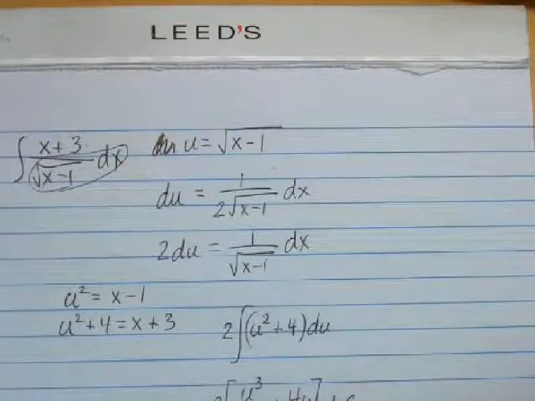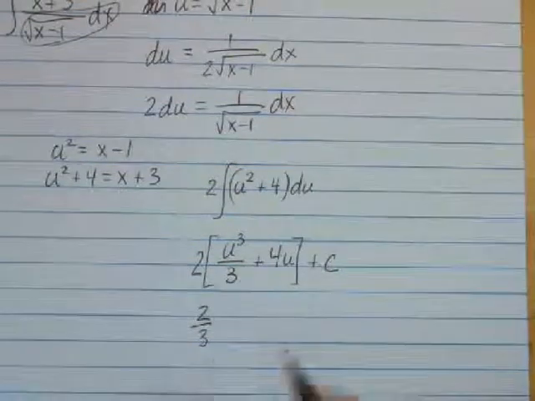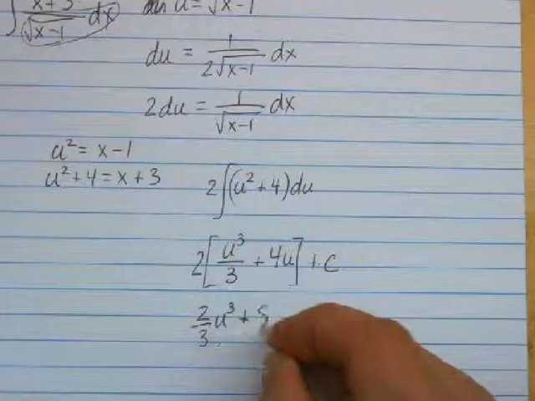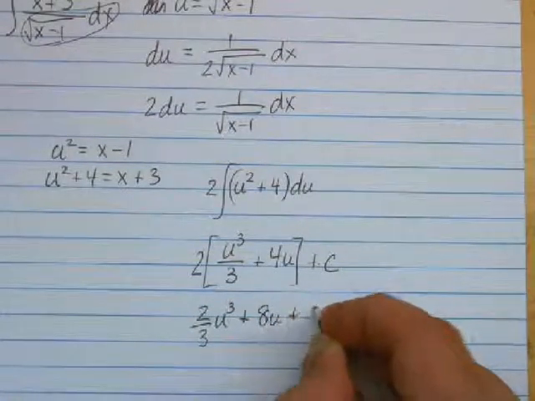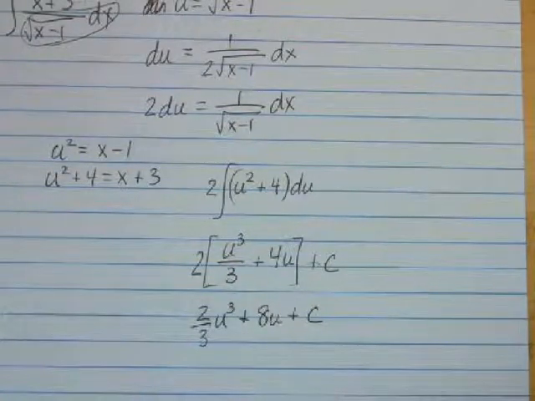So we get 2/3 u cubed plus 8u plus c. And now we can substitute u back in.